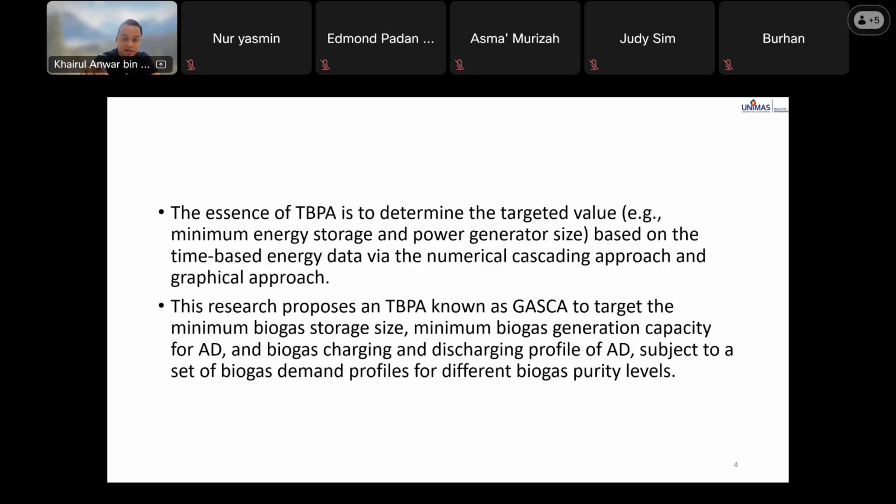the second paragraph in page 103. Say here, determining optimal biogas energy equivalent of anaerobic digestion. That is the focus of this paper.